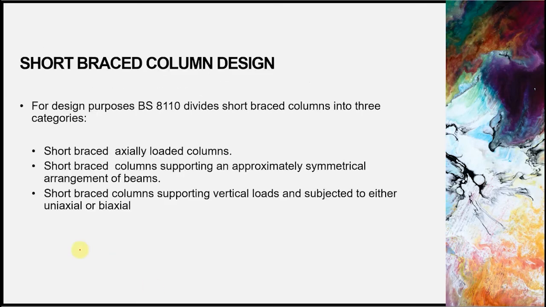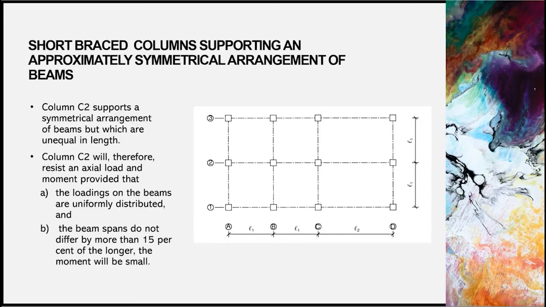For the second one is short brace column supporting an approximately symmetrically arranged beam. For this one, you look at C2. Column C2 just support symmetrically arranged beam. Tapi if you notice here, this beam lebih panjang compared to others.